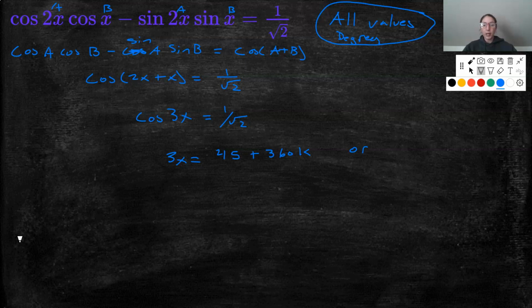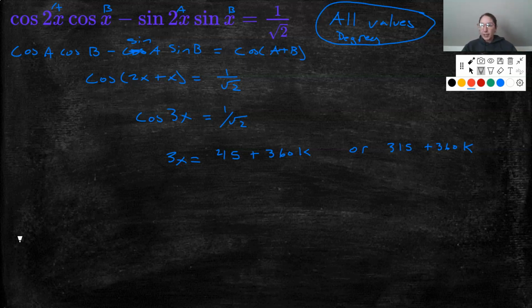Or it's cosine, so that'd be 315 plus 360k, right? Because I said all values, that's where the plus 360k comes from. Basically, that means I can just keep going around the circle and keep getting values that will make this thing true, and I can do this forever and ever.